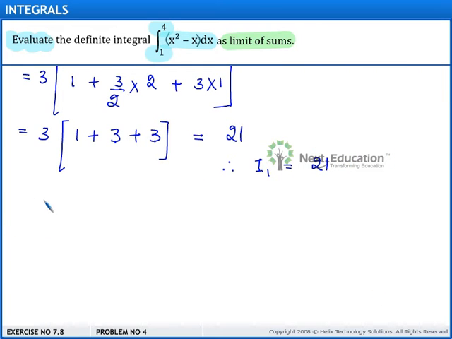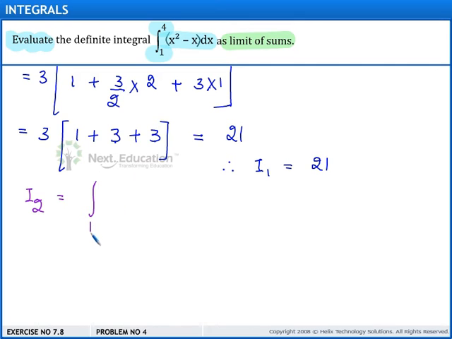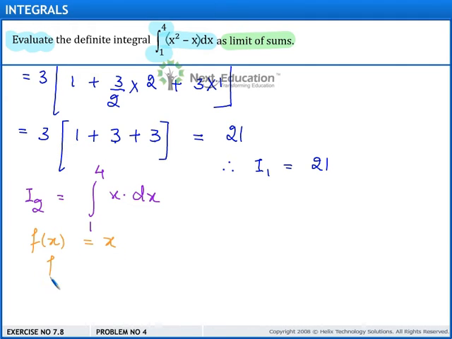Now let us consider the integral I2, which is integral of 1 to 4 x into dx. Here the function f(x) is x, so this implies that f of a, that is f of 1, is equal to 1.